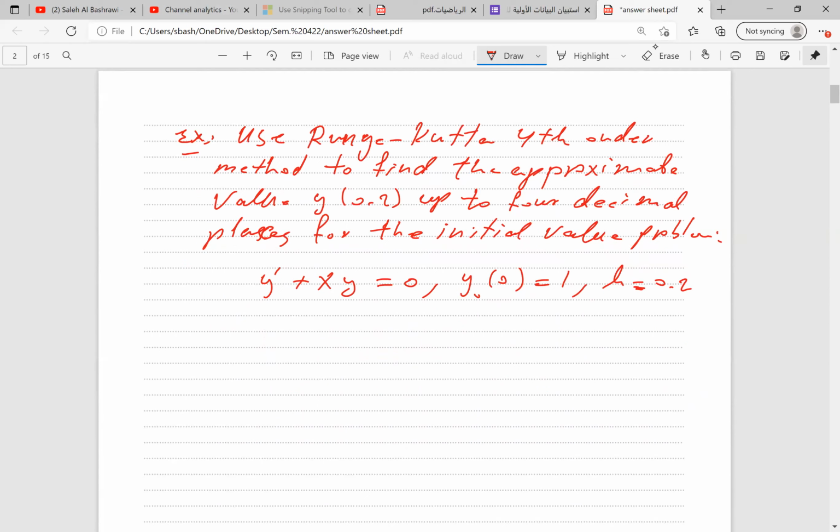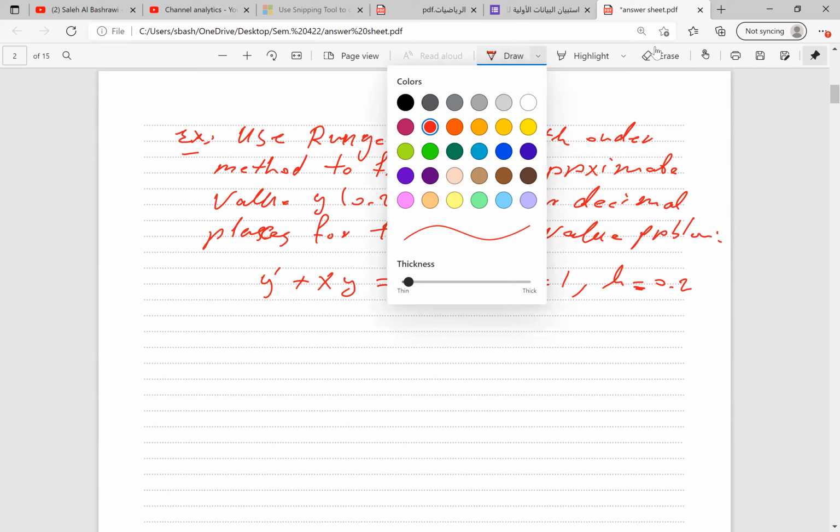So I need to find the approximate value, which is y of 0.2.